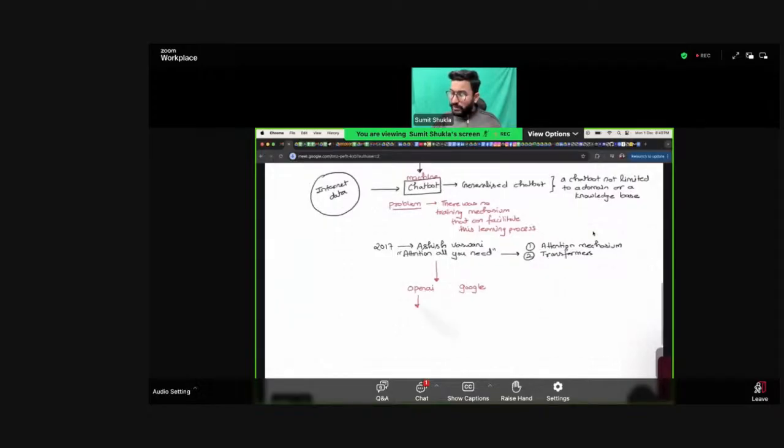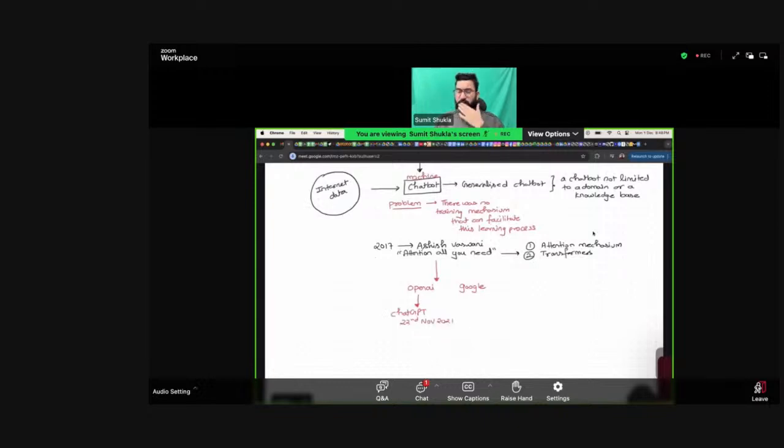OpenAI was able to first implement this paper, and they were able to launch their official chat model, which they named ChatGPT, in, I think, 22nd November 2021.